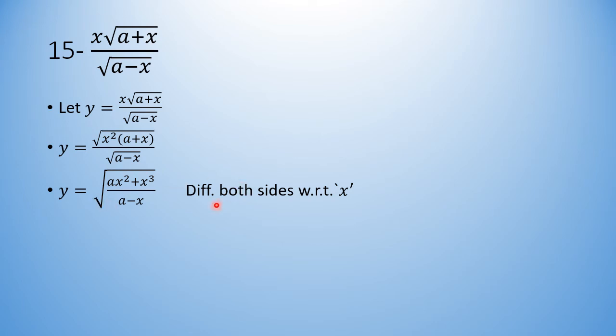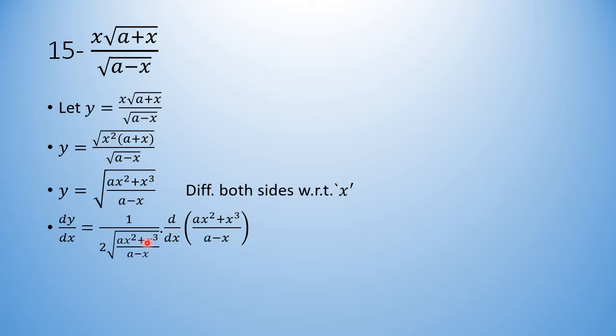And now we are going to differentiate both sides with respect to x. So when I differentiate both sides with respect to x, I get dy by dx, and here the derivative of a square root is equal to 1 by 2 square root into d by dx of whatever is inside it. So you get 1 by 2 square root of (ax square plus x cube by a minus x) into d by dx of this, and we are going to differentiate by quotient rule.